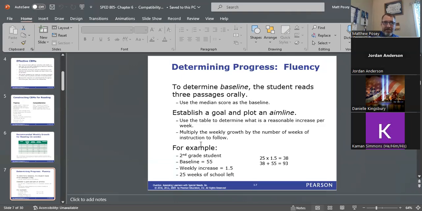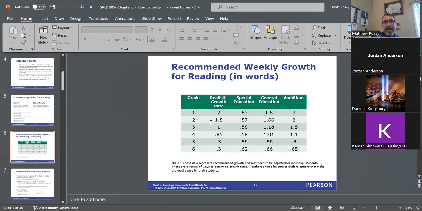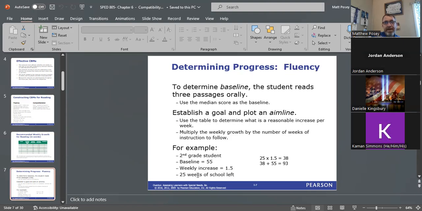Okay, back to aim line. You can see on this slide the example: a 2nd grade student whose established baseline was 55. Looking at the weekly increase, the realistic growth rate for 2nd grade is 1.5. I'm going back: 25 weeks of school left. This example is done over the course of the year.